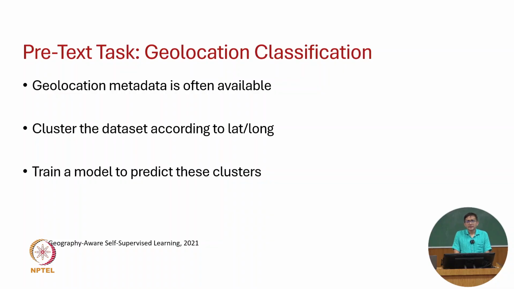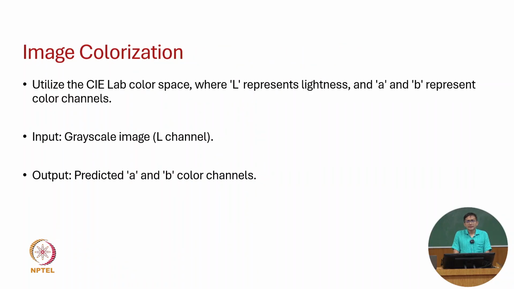It often happens that the geolocation metadata is available with the geoimages. So what we can do is we can cluster the data set according to its lat long, and now we can train a model to predict these clusters.